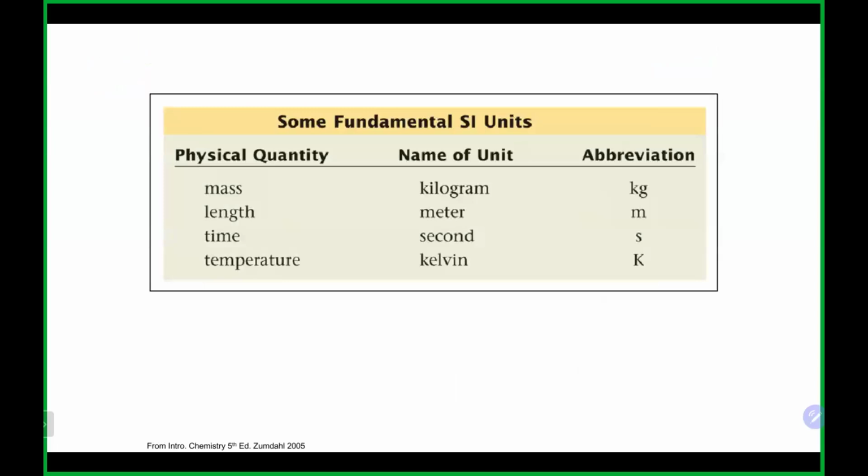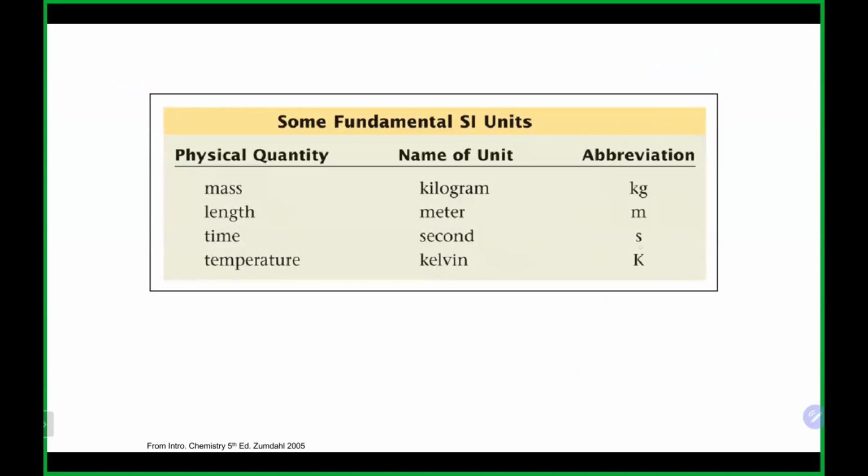Now, this is a table from your book, and it's really important to understand what those units represent. When we talk about a mass, the SI unit is a kilogram. When we talk about a length, it is a meter. When we talk about time, it is a second.